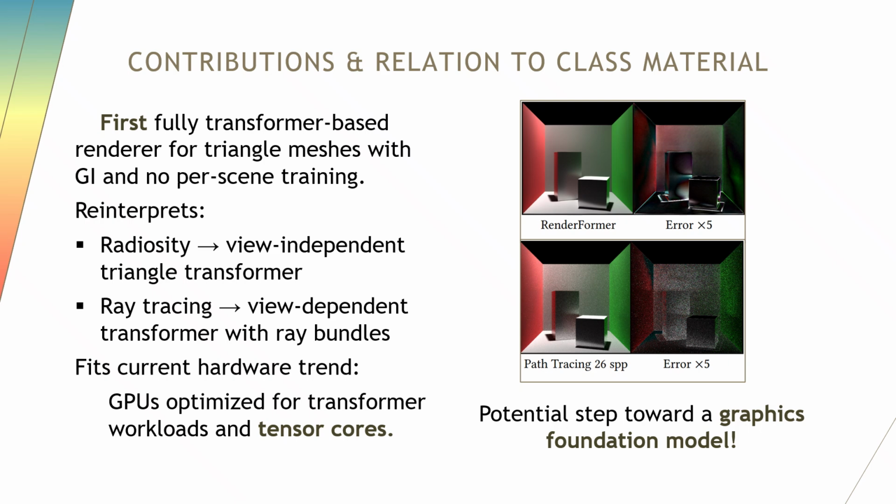It also aligns with the current hardware trend. GPUs are dedicating more and more resources to tensor cores and transformer workloads, so a transformer-based renderer could match future hardware better than classic pipelines. Even with these limitations, this suggests a path towards a graphics foundation model that could support both forward and inverse rendering tasks.